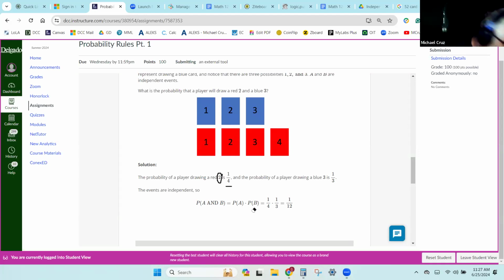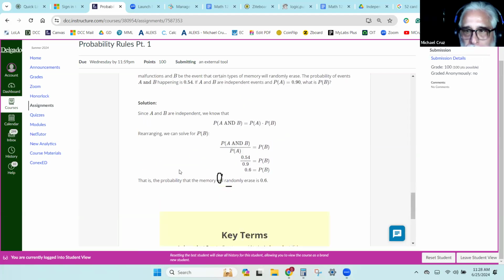Very similar to that one that I did yesterday, where you flip a coin and then roll a die. 1/2 times 1/6, which also gave you 1/12. All right, let's see what we can do with the independence. That's the one that I'm a little bit worried about.